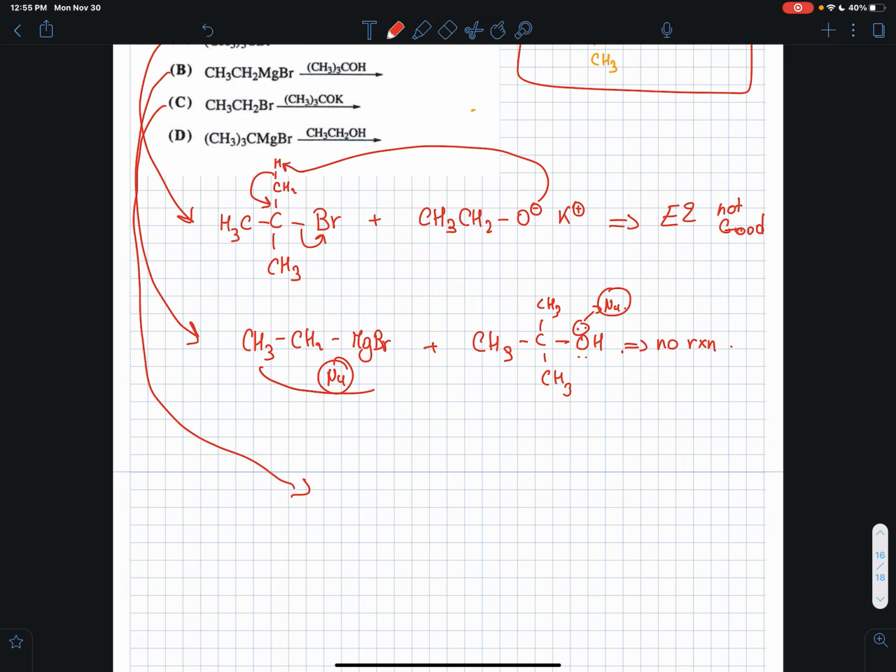Now looking at C, we have CH3CH2Br, plus C, CH3, CH3, CH3, and then an O minus. This reaction would work. We have our condition, which is a primary halide, and it doesn't matter for the O minus. We just make sure we have an O minus, which is strong.